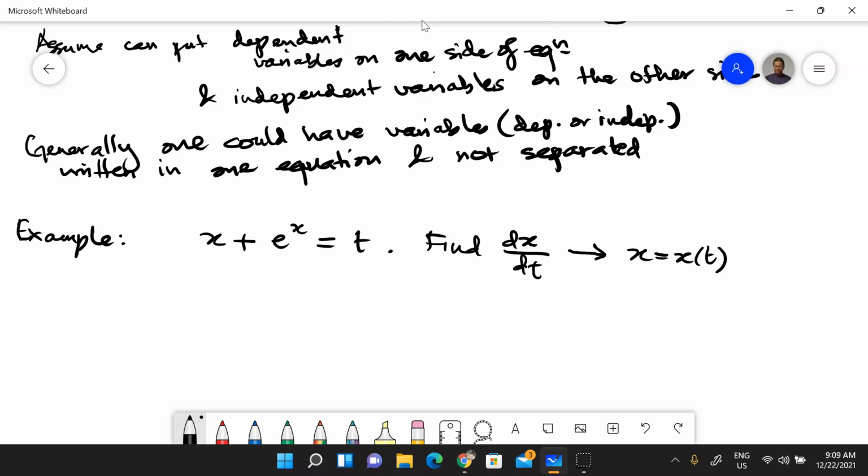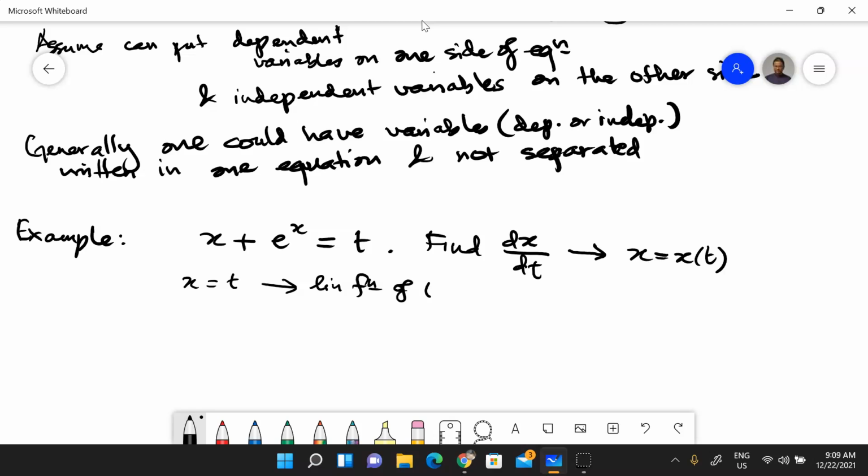Instead you have a mixture. Let me just mention why this is a bit more complicated than what I mentioned above. Here, if I just simply have x equals t, then this is a linear function of t.